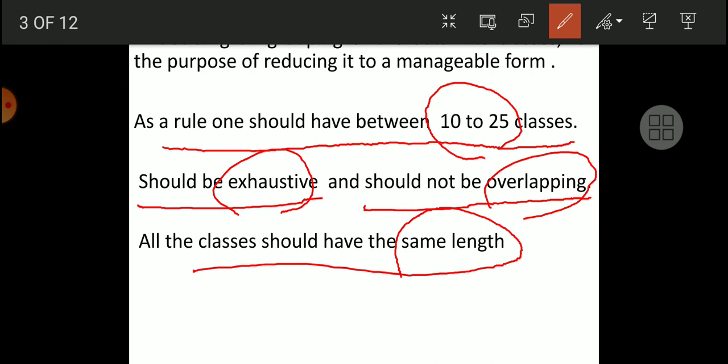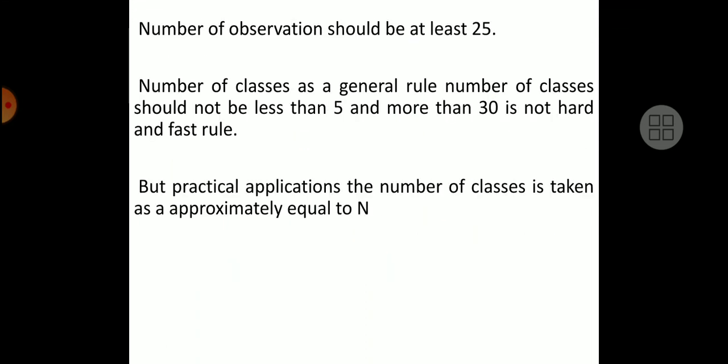Again, we are reducing it to a manageable form. As a rule, one should have between 10 to 25 classes, they should be exhaustive and not overlapping, and all the classes should have the same length.